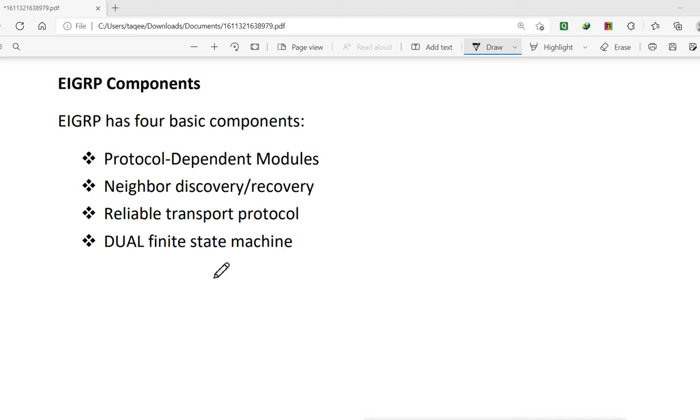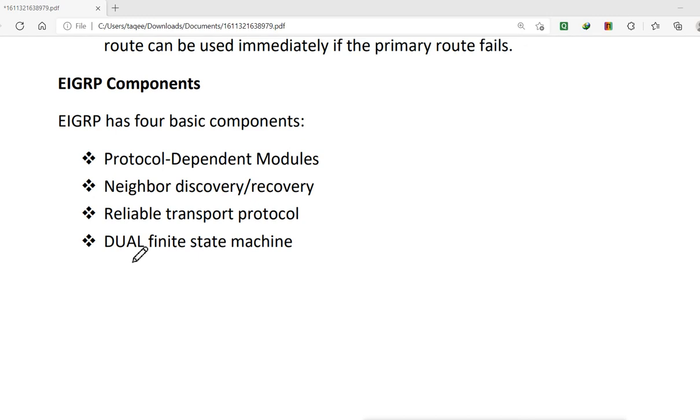Then it uses the DUAL finite state machine. This is the algorithm used by EIGRP, like OSPF uses the SPF, shortest path first, algorithm. EIGRP uses the DUAL algorithm, the diffusing update algorithm.